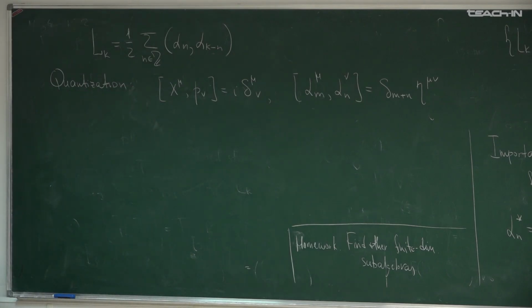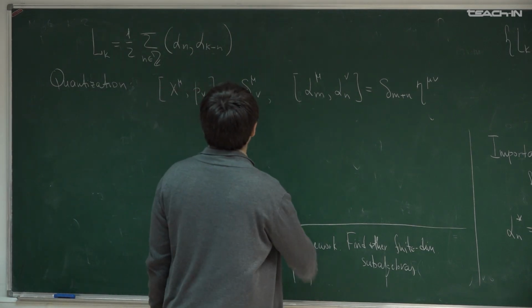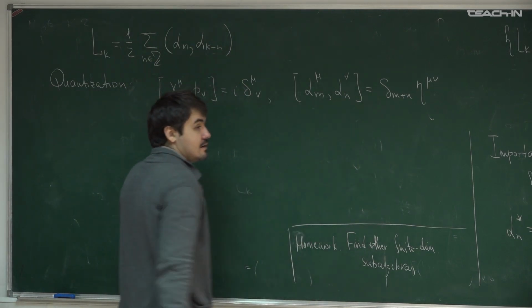Notice that when we quantize, there is an extra factor of i that appears. So it appears here and disappears here.